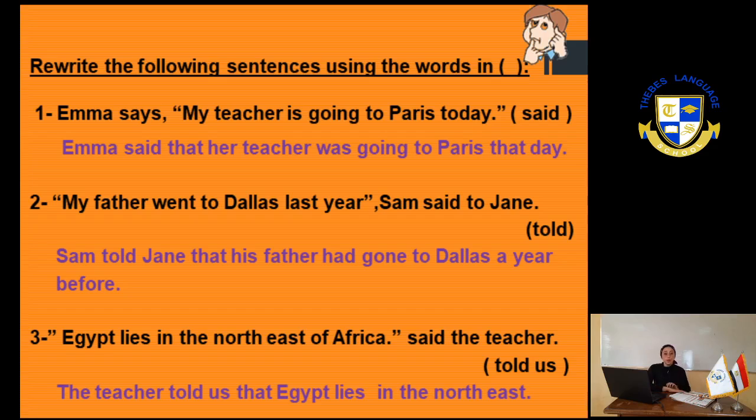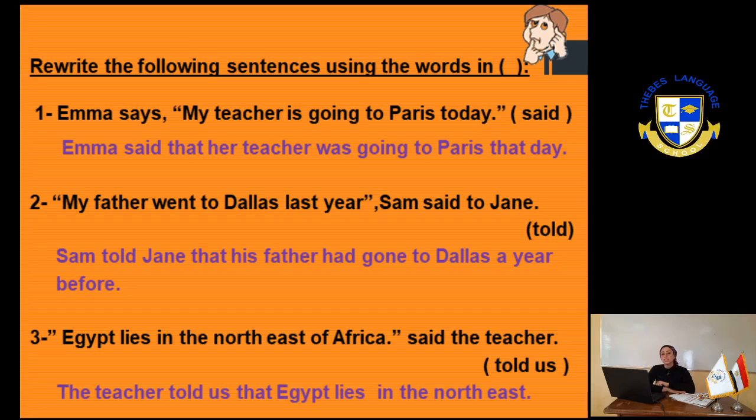Let's move to slide number 8. Emma says, "My teacher is going to Paris today." Says here, you are asked to put said. So the right answer is: Emma said that her teacher was going to Paris that day. "My father went to Dallas last year," Sam said to Jane. If you have said or says, you're going to use said or says for the answer.